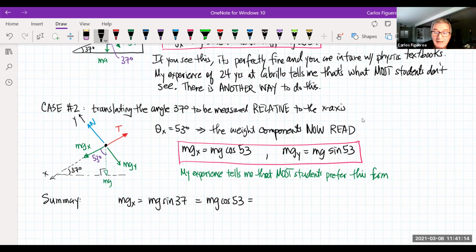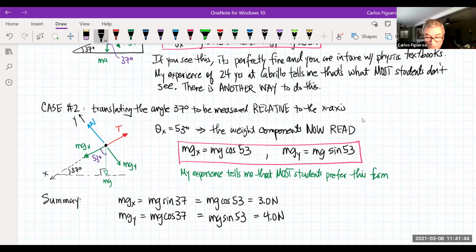And if you compute that number, you effectively get the exact same number. In this case, it's 3 newtons, no matter what. And if you calculate mgy, you could use the 37 degrees or the 53 degrees, and you're going to find that this gives you the exact same number. So you choose what works for you.